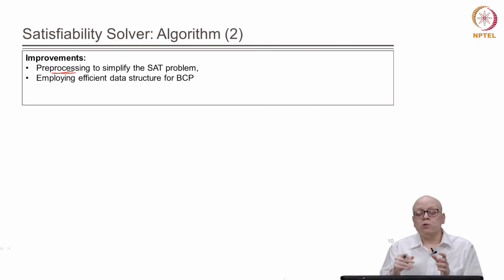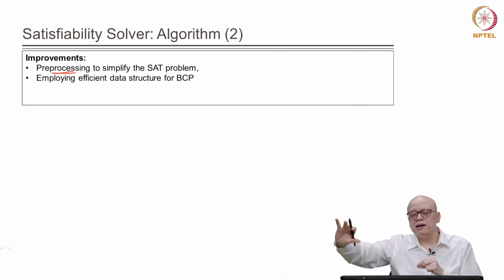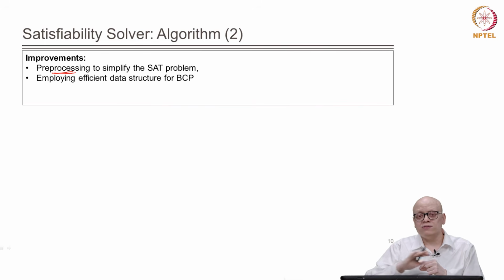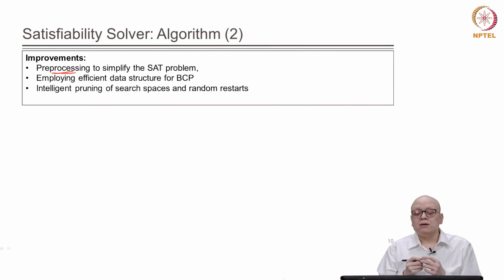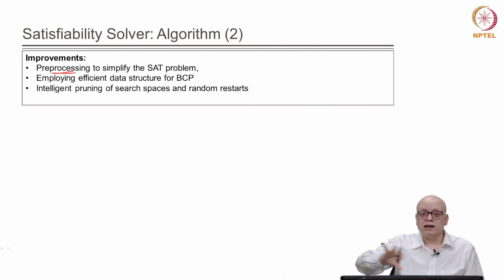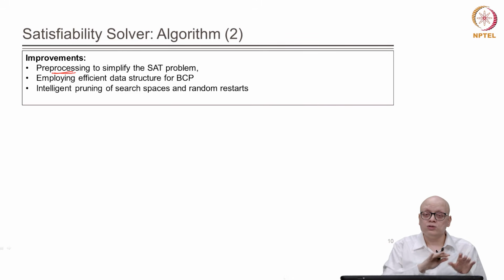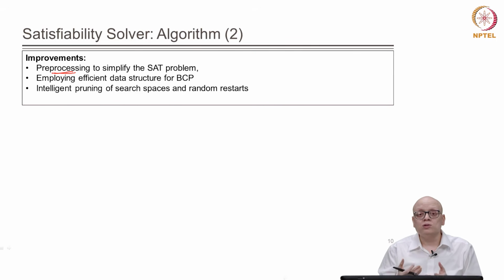It also employs very efficient data structures for Boolean constraint propagation, so that given an assignment, it can propagate the effect of that assignment in a very fast and efficient manner. It also prunes the search space very intelligently, so that it does not look into those regions where no solutions can be found.